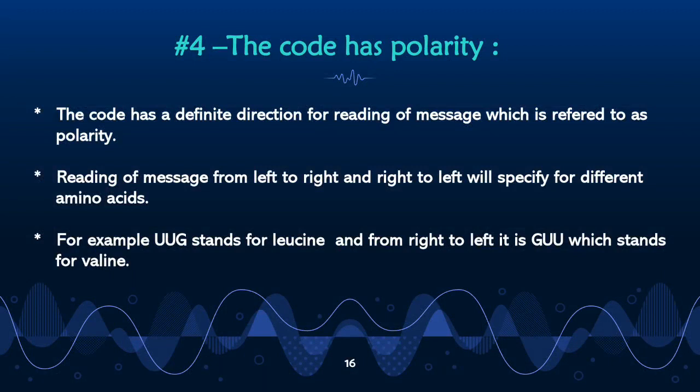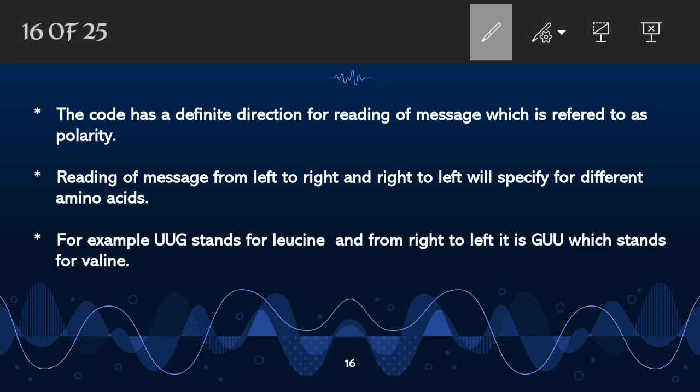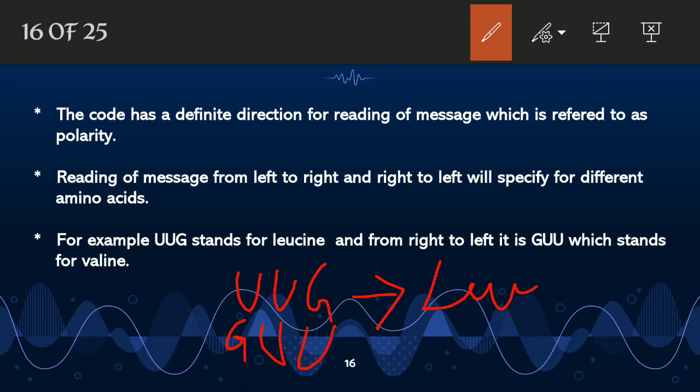Finally, the code has polarity. The code has a definite direction for reading of message, which is referred to as polarity. Reading of message from left to right and right to left will specify different amino acids. For example, UUG, which codes for leucine, when read from right to left forms the codon GUU, which codes for valine.